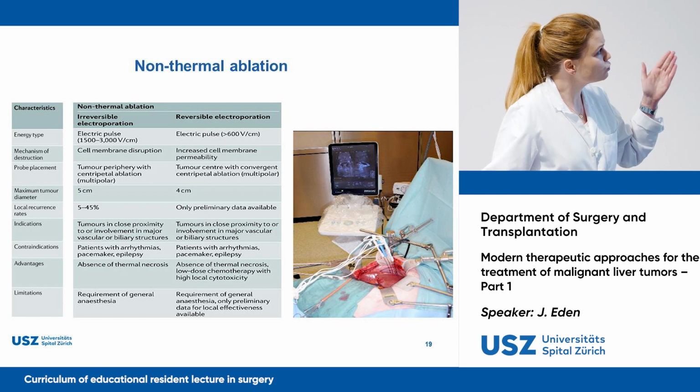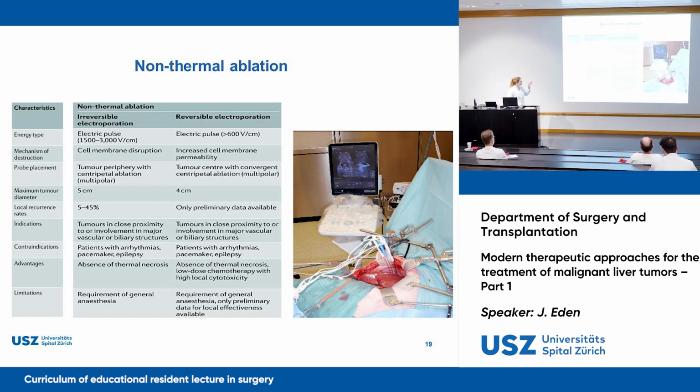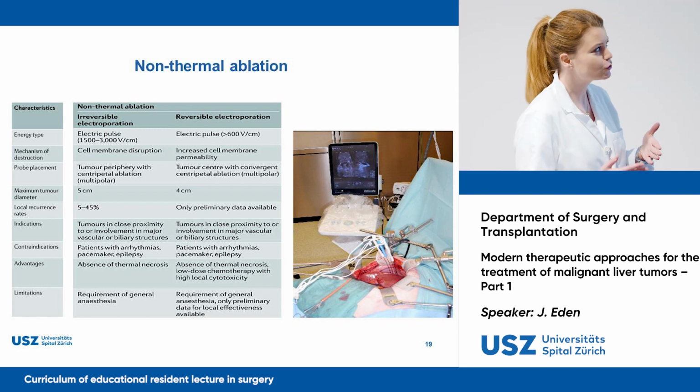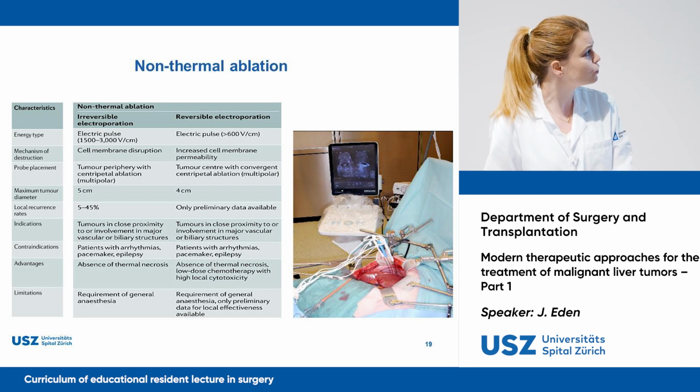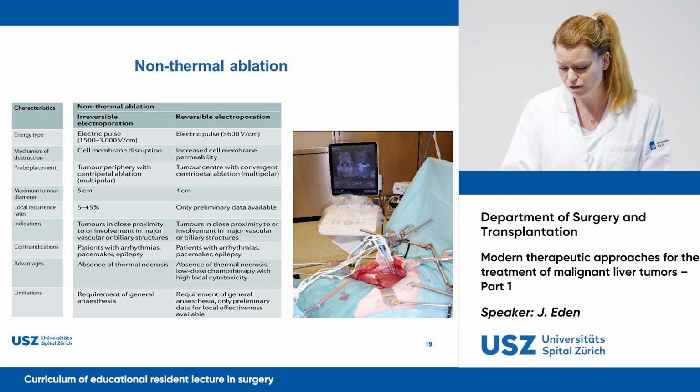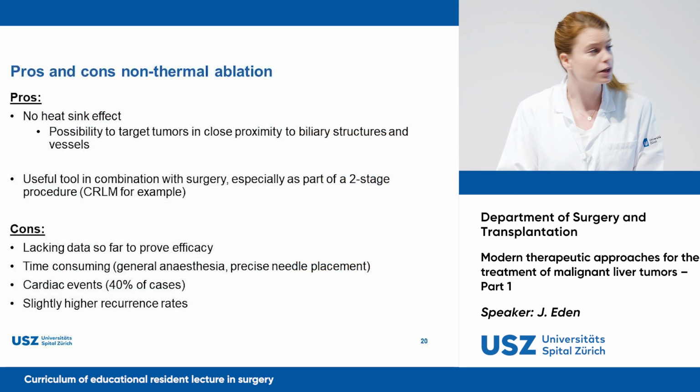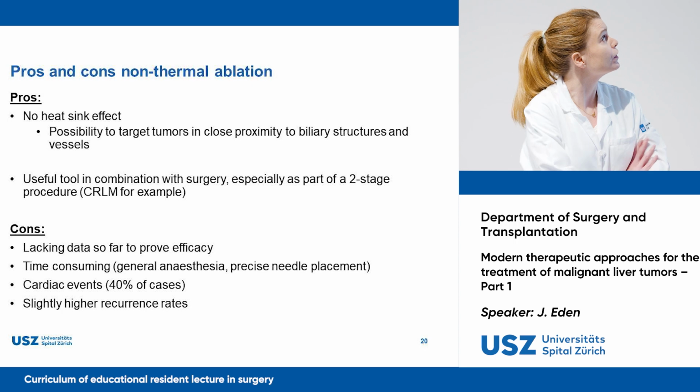And again, the maximum tumor diameter is limited to 5 centimeters or 4 centimeters respectively. And the local recurrence rates range from 5 to 45%. 45 is not that low for irreversible electroporation. And as for indications, contraindications, advantages and limitations, you will hear about that on the next slide.